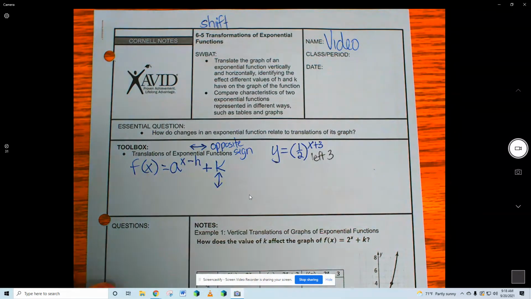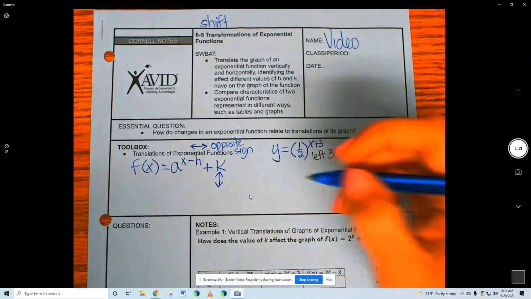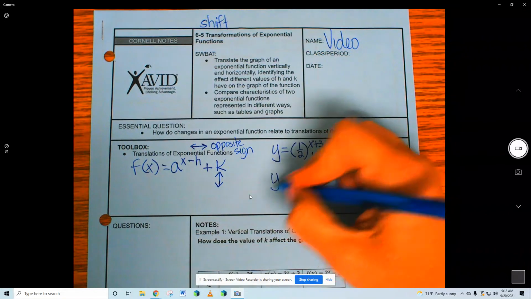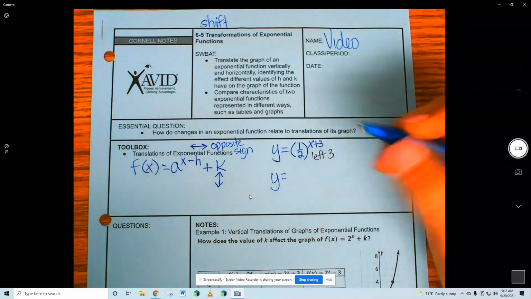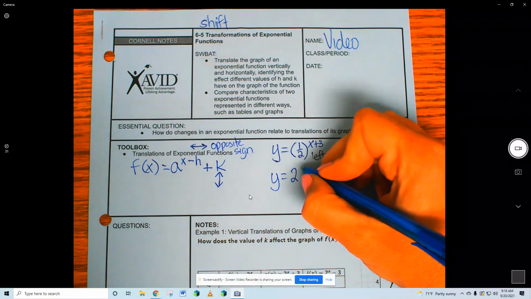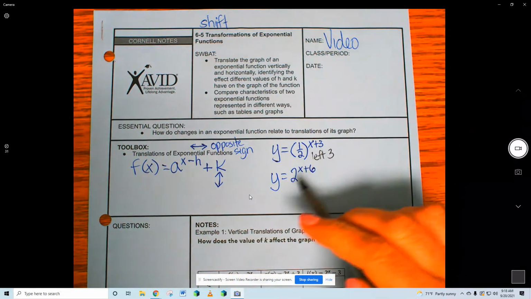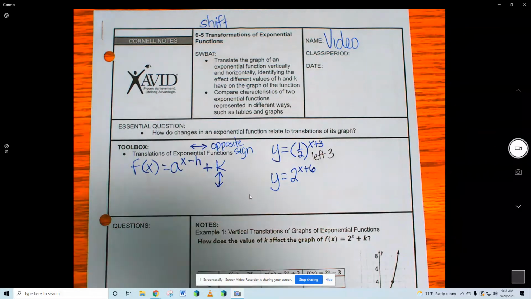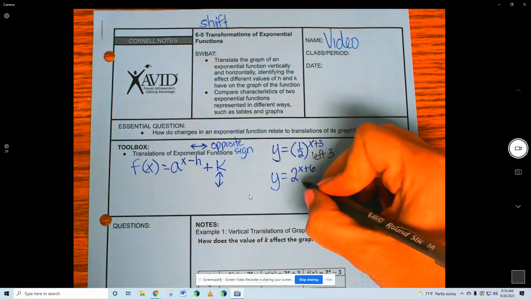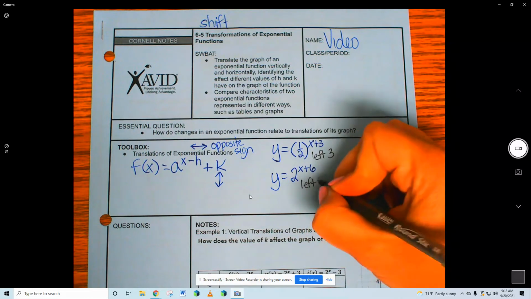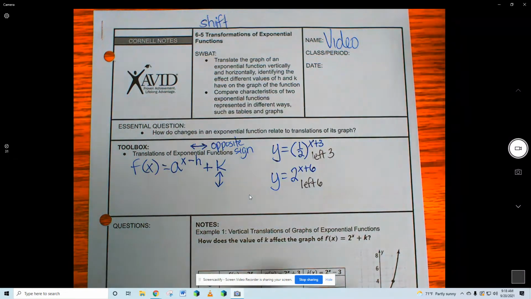Good. That's easy. Let me do another one. What if I had y equals 2 to the x plus 6? 2 raised to the power of x plus 6. Yes. Good. I probably should have done a minus sign, but all right.